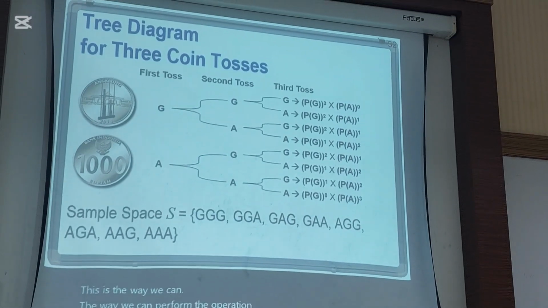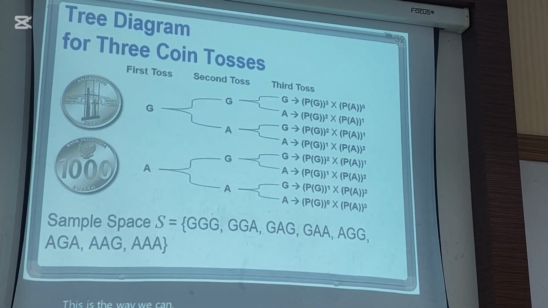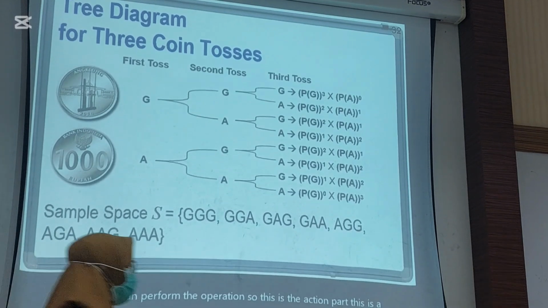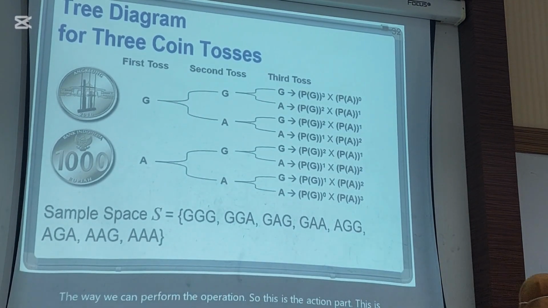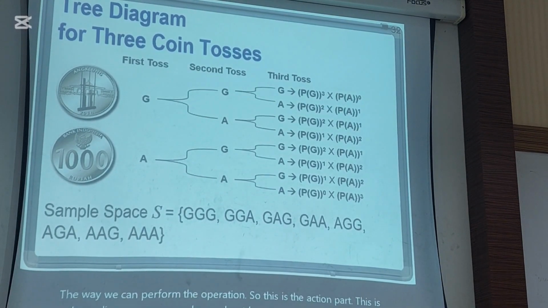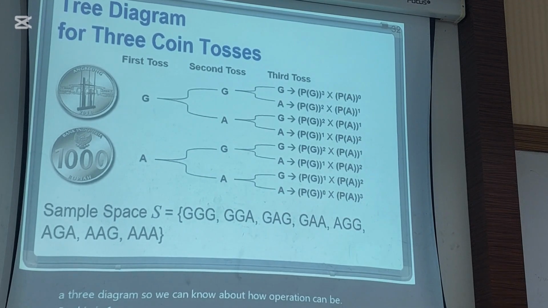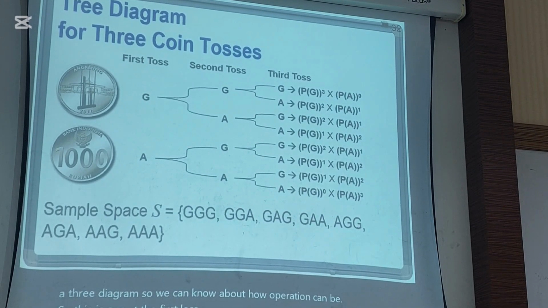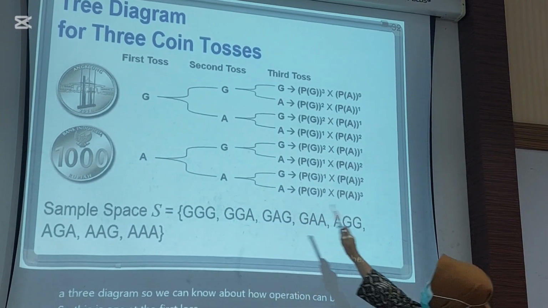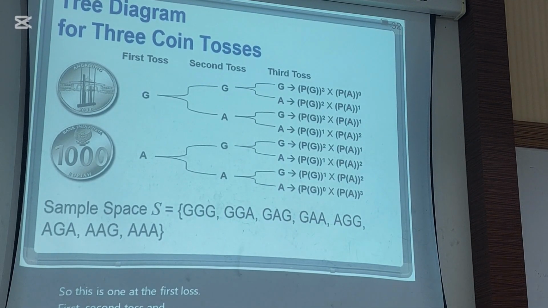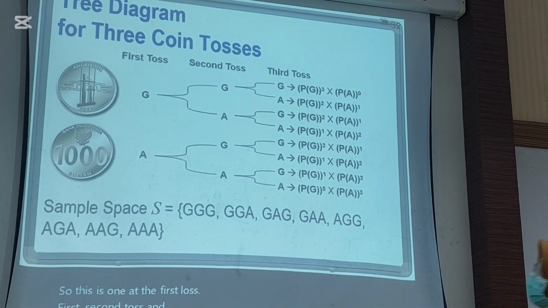So this is the example. This is a tree diagram. So we can know how many operations we can do. This is the first toss. The tree diagram for 3 coin tosses: first toss, second toss, and third toss.